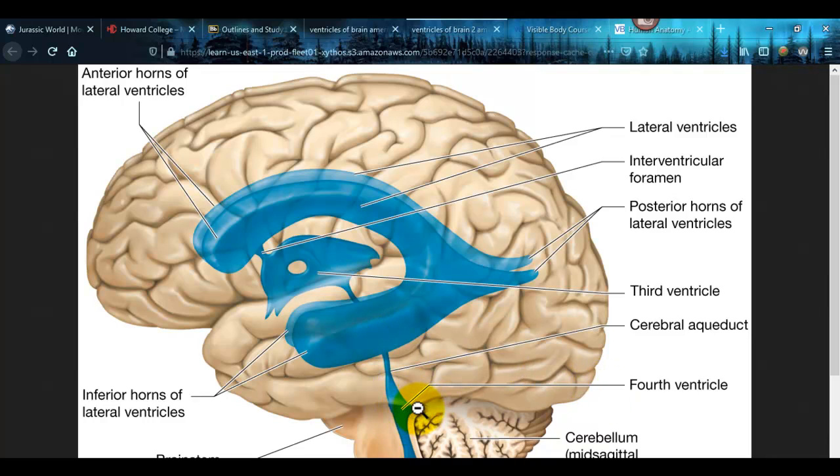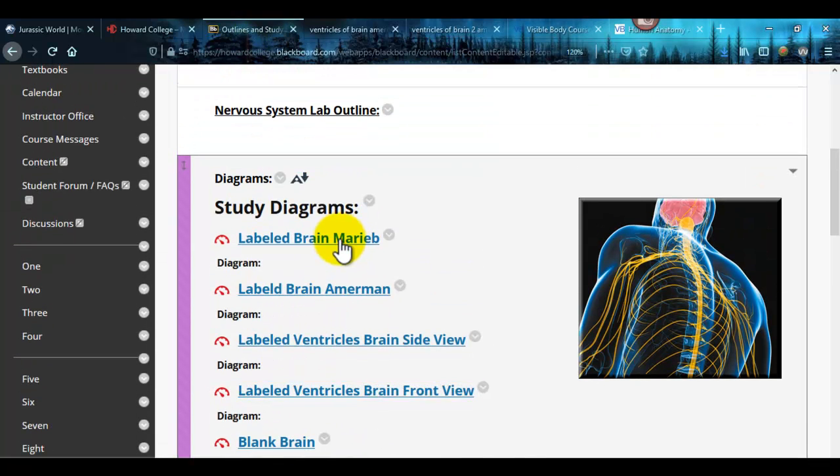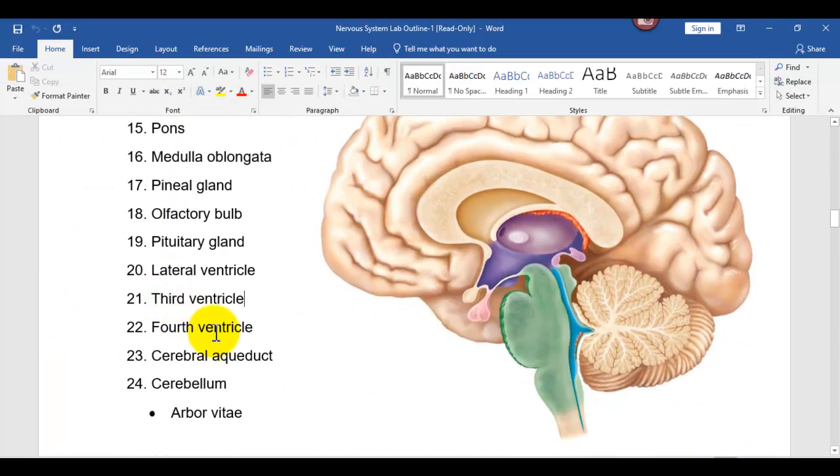There's the fourth ventricle there. The third, and then it kind of curves like this. Now, I did minimize it, but let me go to the brain. Seems to be a good one. But see this? Here's the fourth. The third is in this area, and these are supposed to represent, there's a membrane there where the laterals would be.